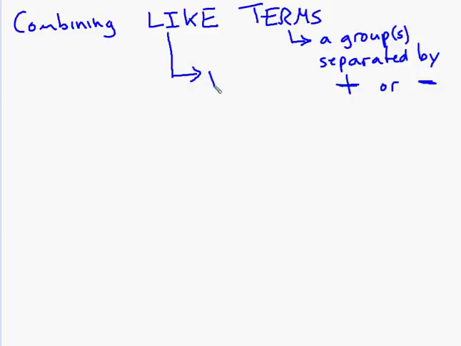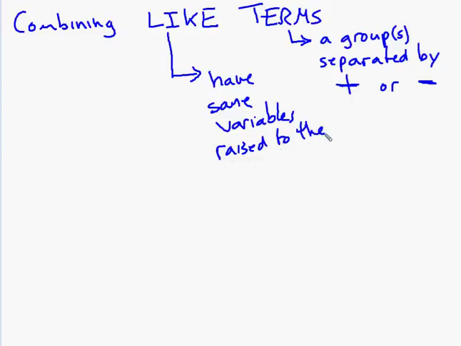Like terms have the same variables. Remember, variables are letters we don't know what they mean, or what they equal. They have the same variables raised to the same exponent. So, let's think about 3x.